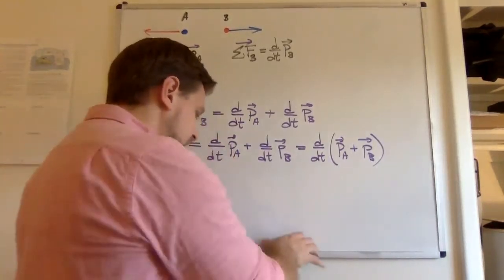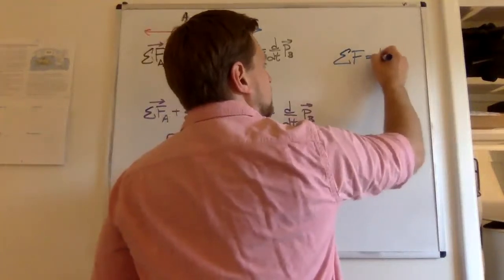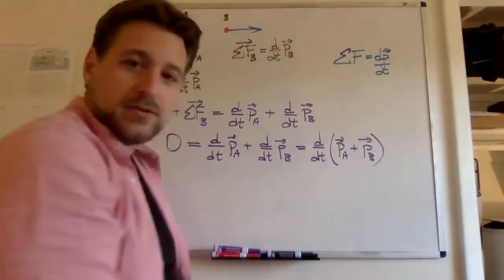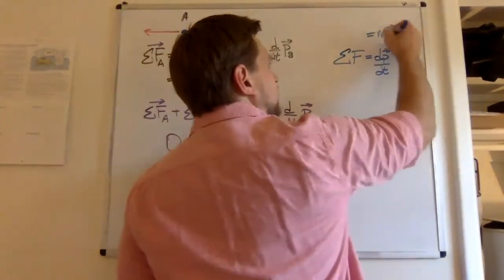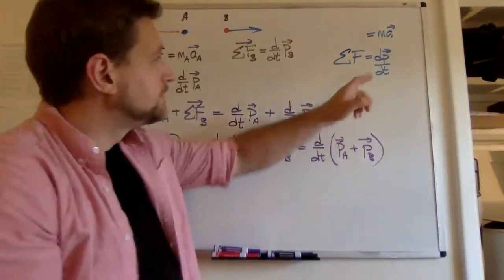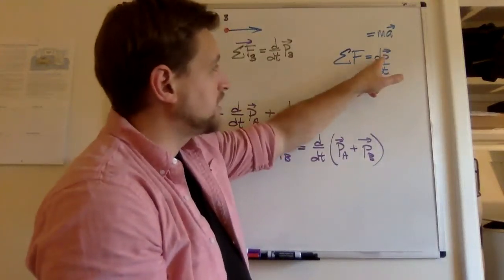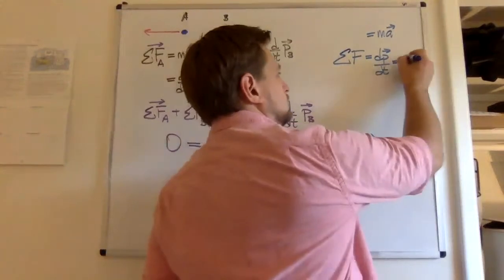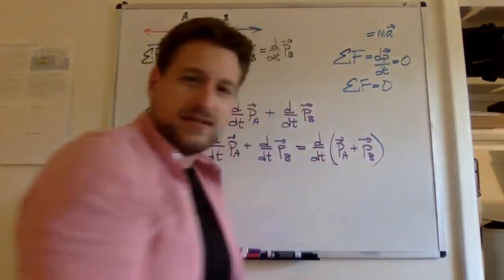Hold on. If force equals dp/dt, imagine we were talking about one object. If the rate of change of an object's momentum is 0, that means that the sum of the forces acting on that object must be 0.